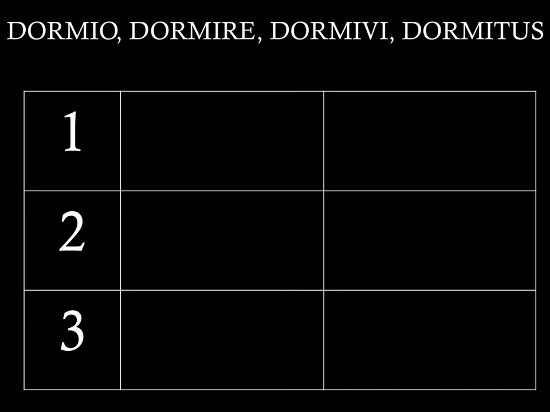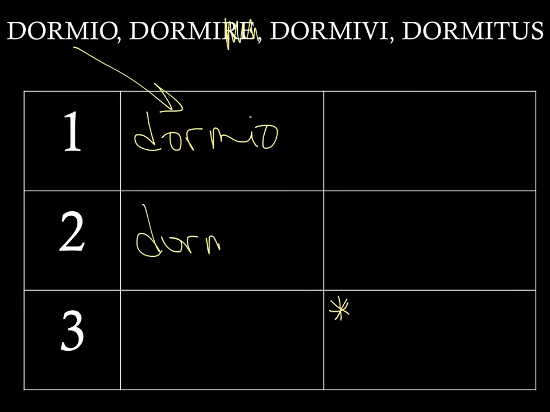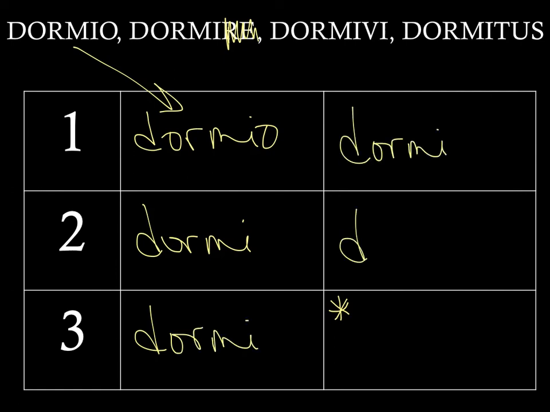So dormio, dormire in the present tense, the only weirdness is going to be down here in this third person plural. So in the present tense, you'll copy the first form, dormio, and then you're going to write the stem, dormi, and you're going to write it 5 times, as we always do. And then we're going to add the typical endings, s, t, mus, tis, and then I forgot to write this stem.